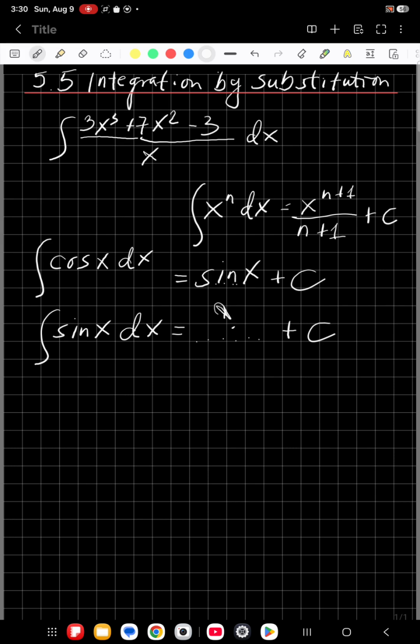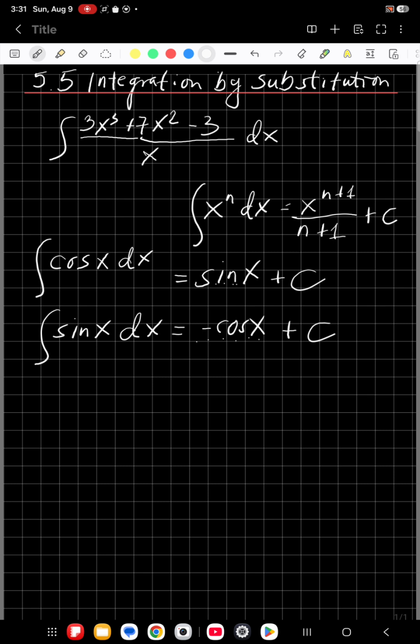The answer is negative cosine of x, because the derivative of cosine is negative sine, but I need positive sine, so I need that negative in front.